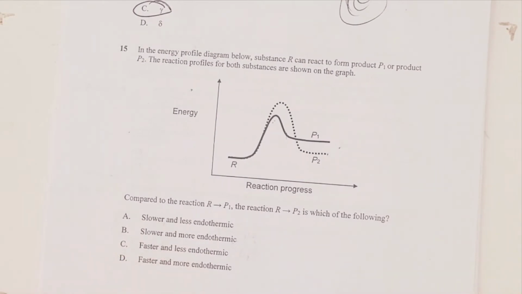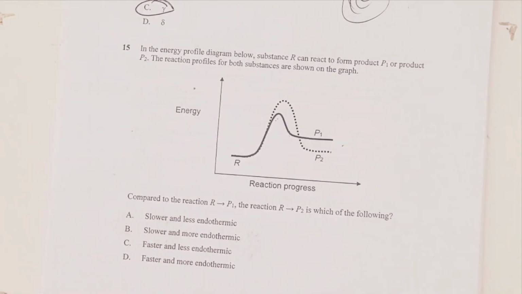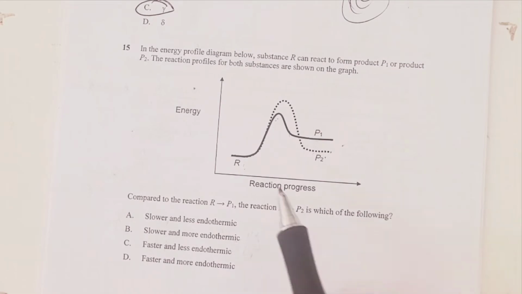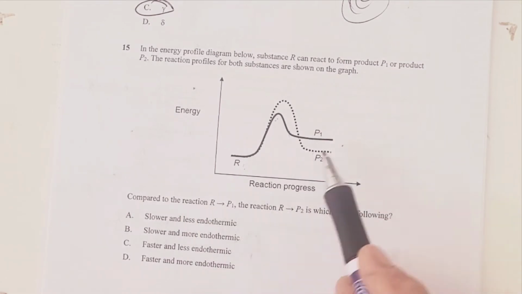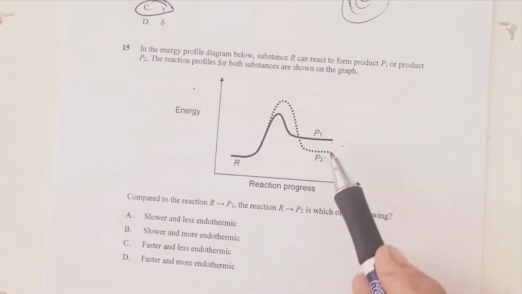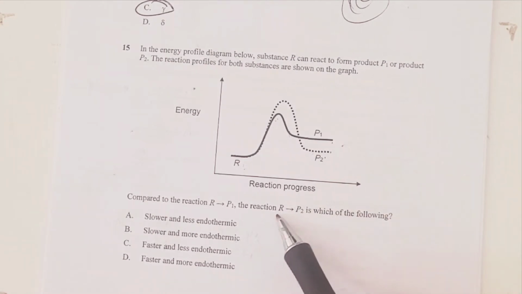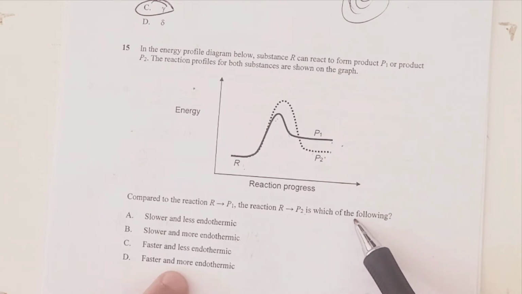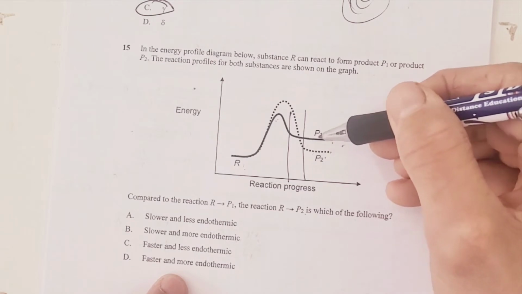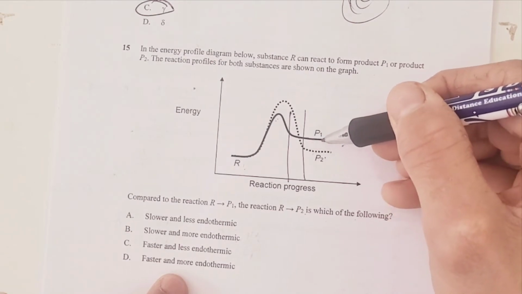The energy profile diagram: R can react to form either of these two products. Compared to the reaction of R to P1, the reaction of R to P2 is which of the following? So when does it reach its product?